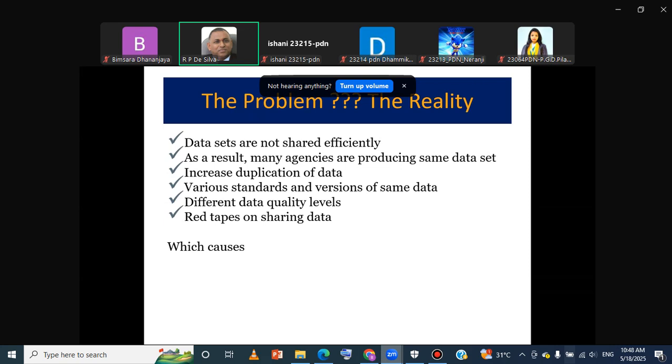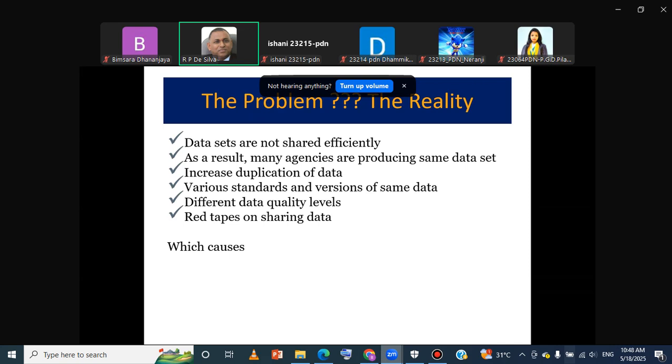Therefore, several problems arise. And when you don't have an efficient data sharing mechanism, everybody starts producing data for the same theme. You will see different sets of data with different accuracy levels, different quality levels. So we have an issue, duplication of data, which is a serious issue.